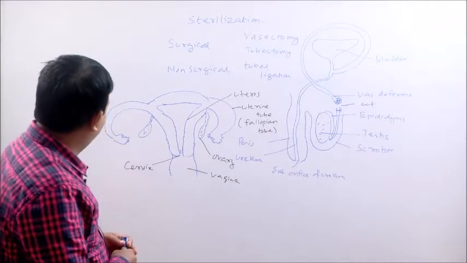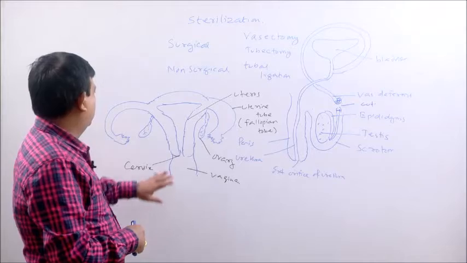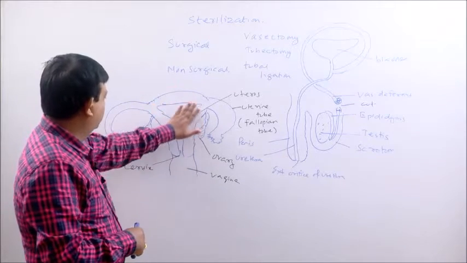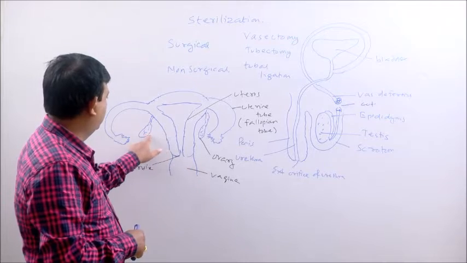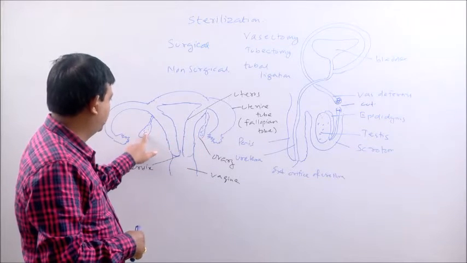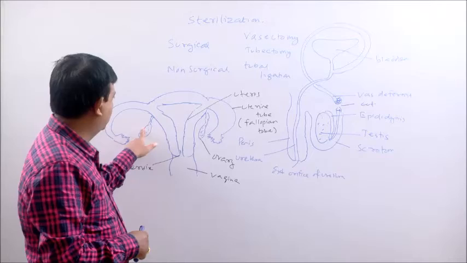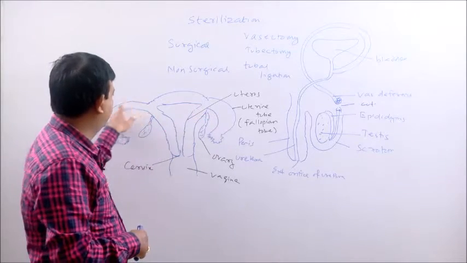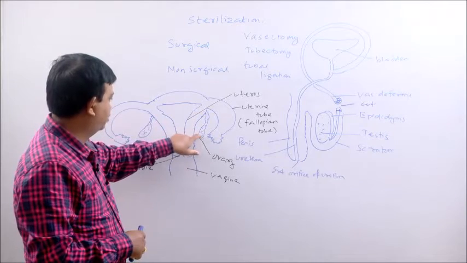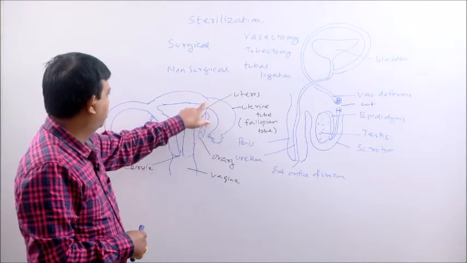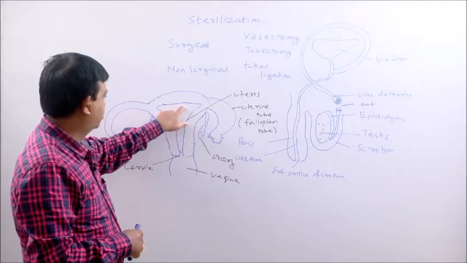So you can see here, this is the uterus, this is vagina, and these are the two ovaries, the female gonads, and these two are the ducts which carry the eggs which are released from the ovary to the uterus.